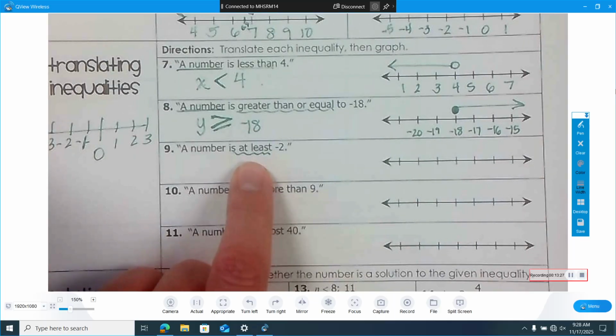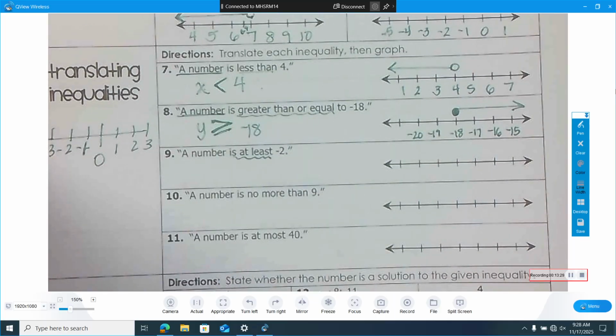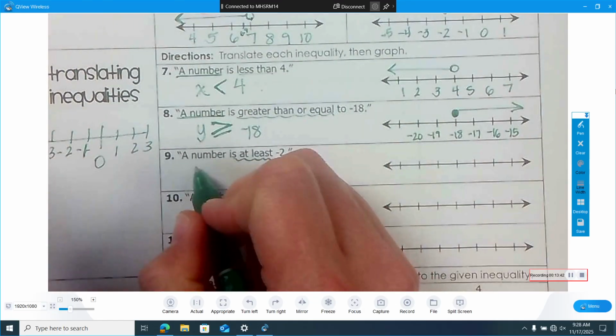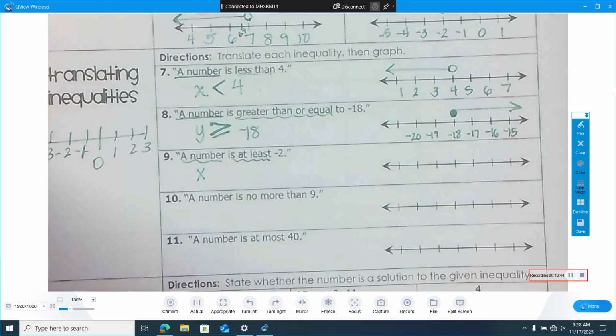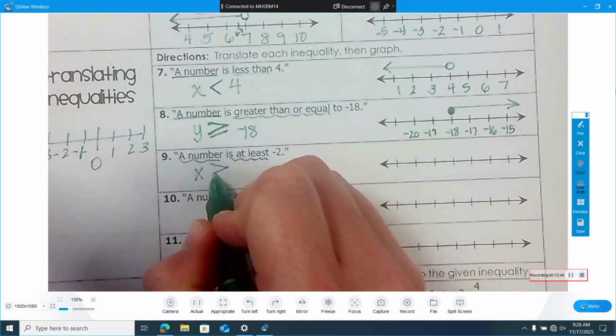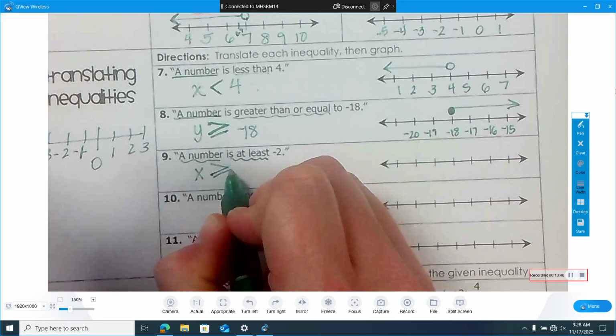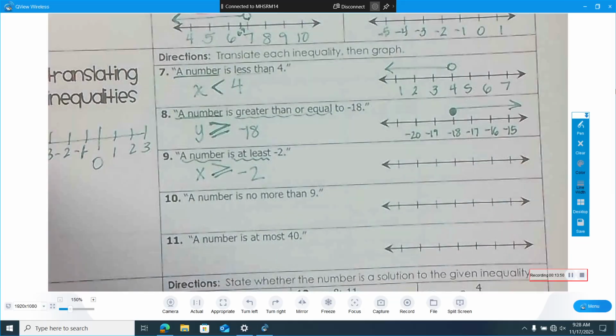I have to say, hey, if I'm a number that is at least negative 2, that means at my lowest, I'm negative 2, but I want to be bigger than that. At the very least, I'm negative 2, but I need to be bigger than that. So I want any number, my x, to be greater than or equal to negative 2.